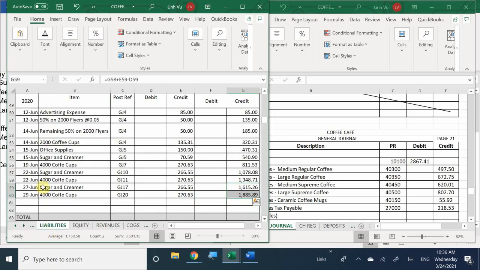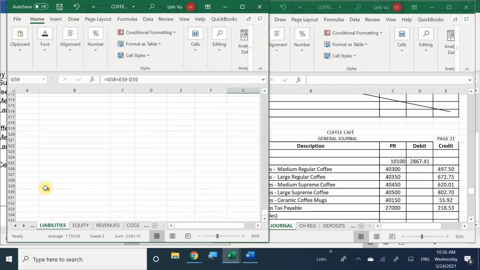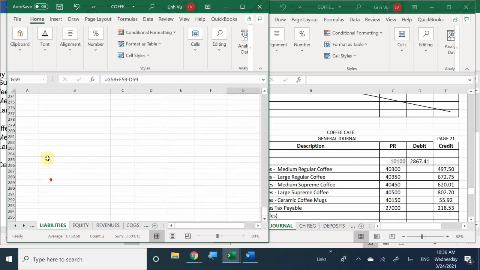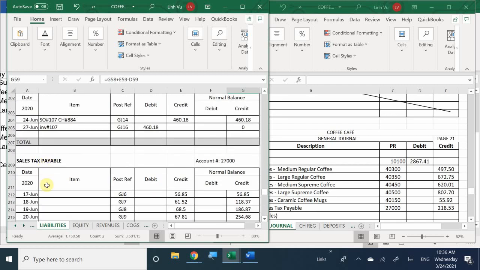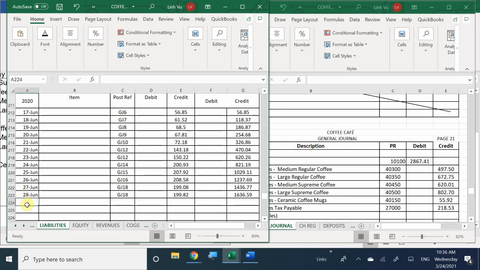Last but not least, we got sales tax payable. So liabilities, sales tax payable. Oops, I scrolled down too far. There you go. Sales tax payable. We got for 629. We have here General Journal 21 for a total of 218.53.